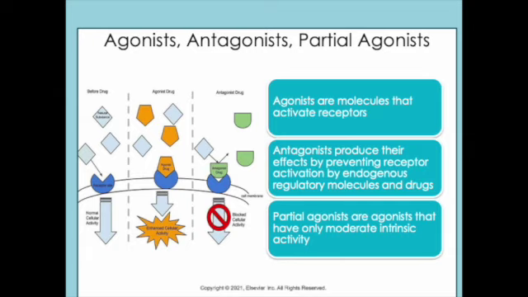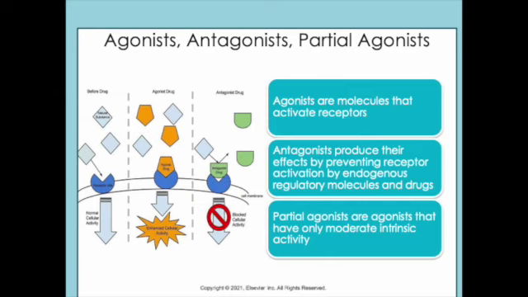In terms of the modified occupancy theory, an agonist is a drug that has both affinity and high intrinsic activity. Affinity allows the agonist to bind to the receptor, whereas intrinsic activity allows that bound agonist to activate or turn on that receptor function.